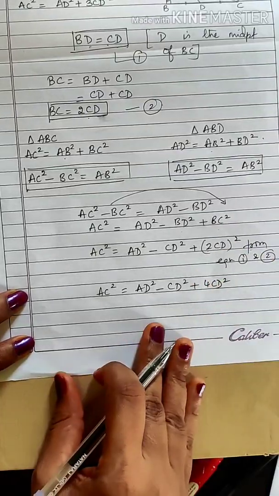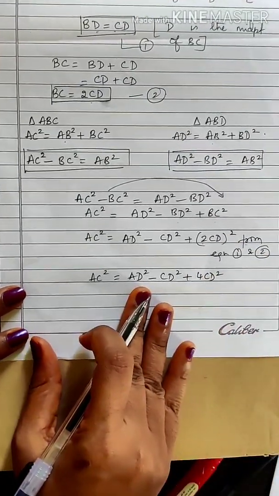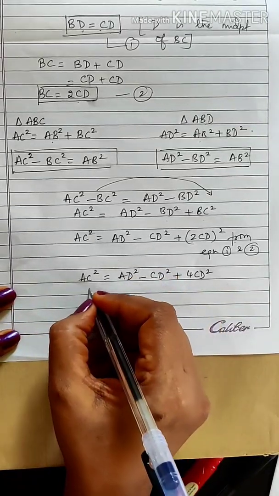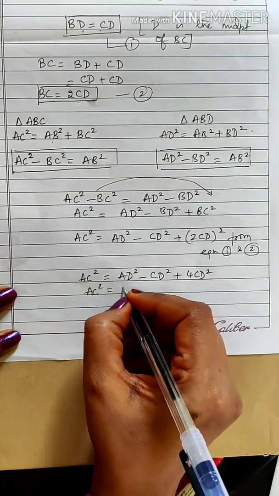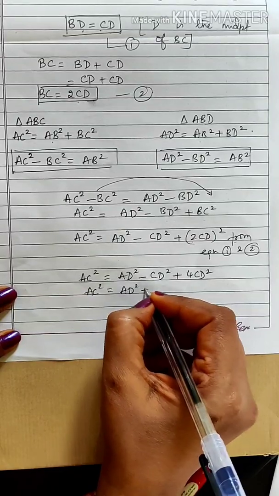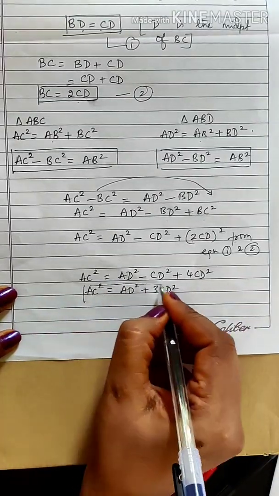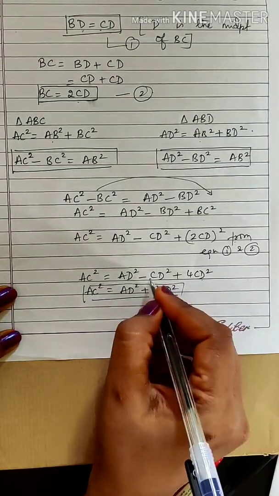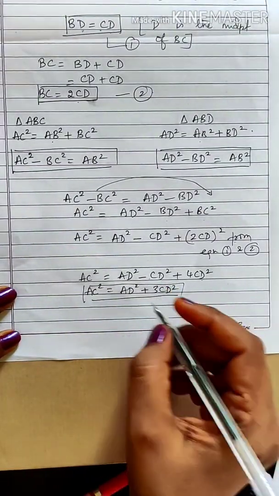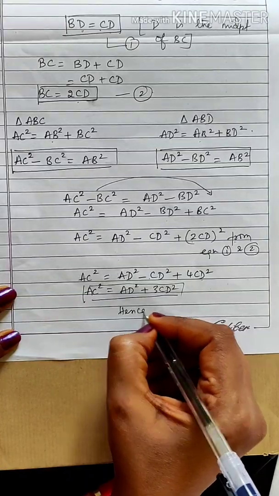Squaring 2CD the whole square, you get 4CD square. So AC square is equal to AD square plus 3CD square. Hence proved. 4CD square minus CD square is 3CD square.